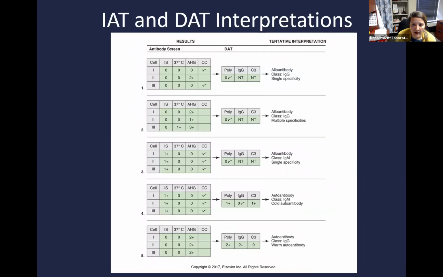So we might suspect multiple antibodies here just due to the varying reaction strengths and phases of reactivity, given that screening cell 3 reacted at 1+ at 37 degrees and at AHG. So multiple antibodies expected of IgG classification. It's an alloantibody because our DAT is negative, so there's nothing coating the patient cells there.